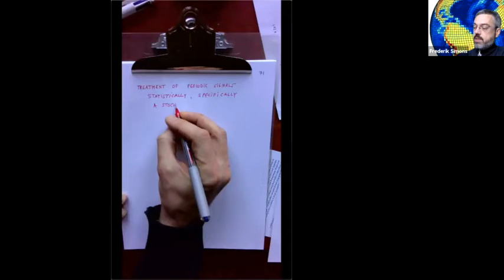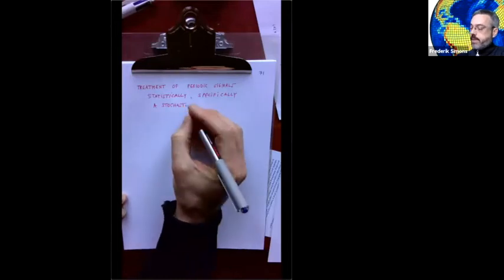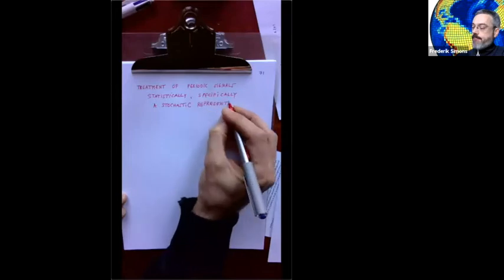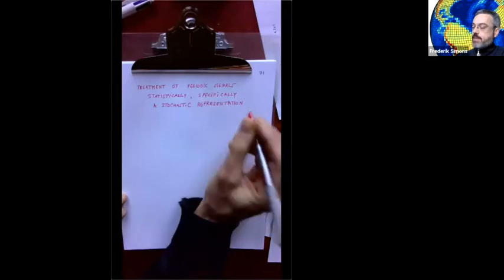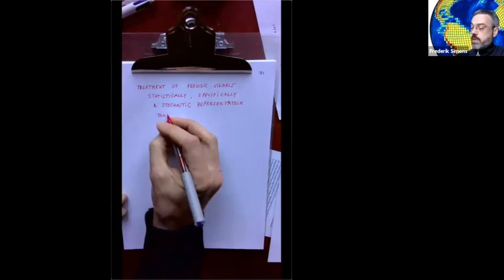That's just a fancy word for having many moving parts in a statistical way. So we'll have a stochastic representation that is spectral. I'm just throwing the words out here.